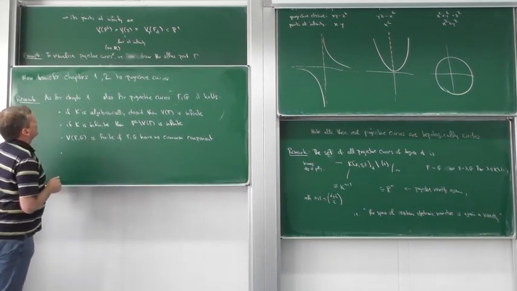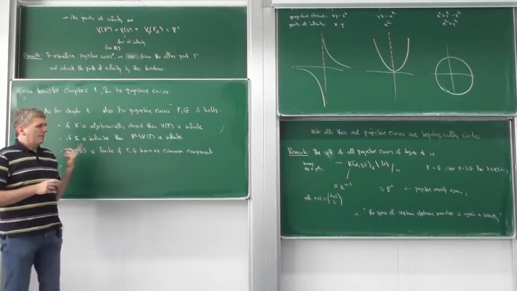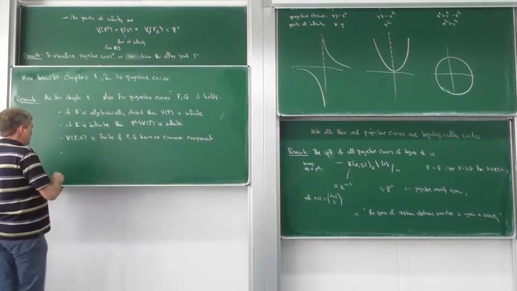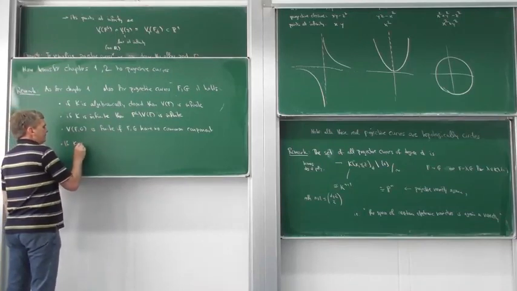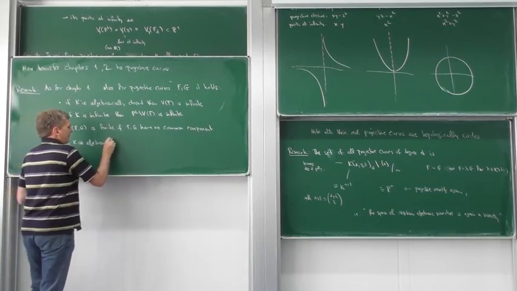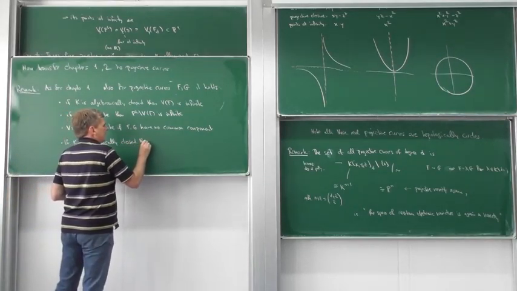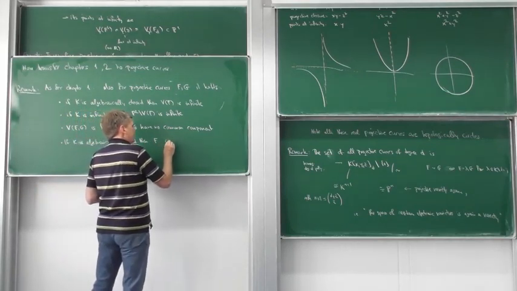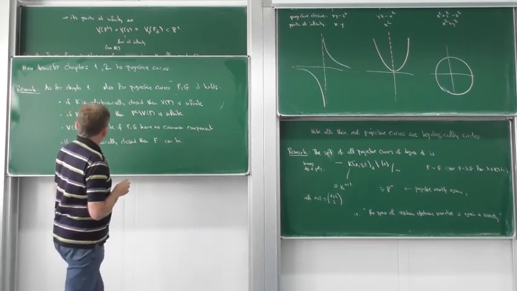And then there was this result of how to reproduce the curve from its set of points, namely if K is algebraically closed, then a curve F can be recovered from its set of points together with the multiplicity on each component.